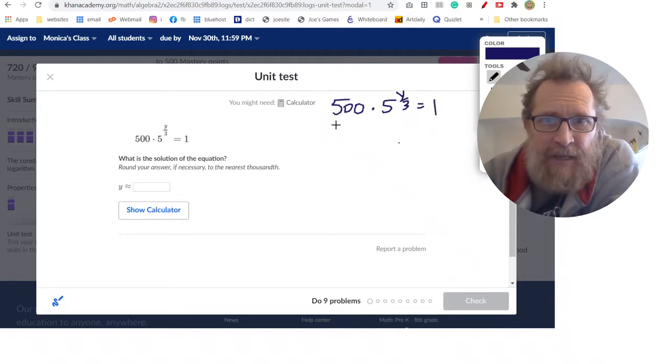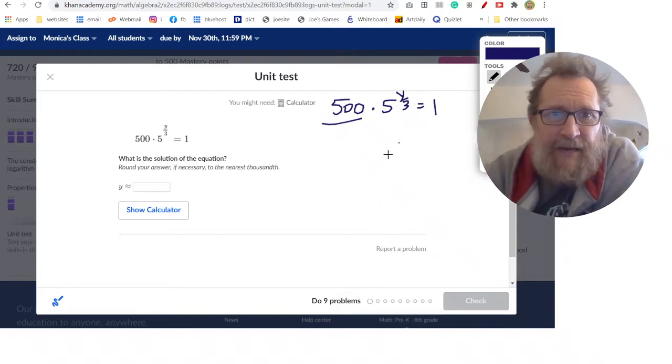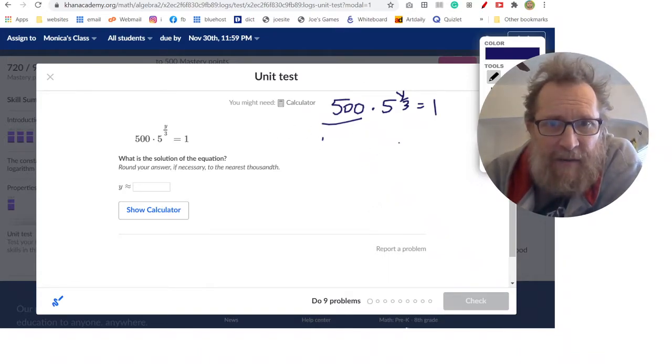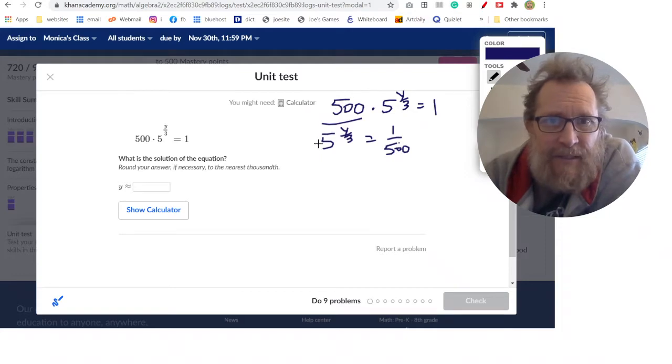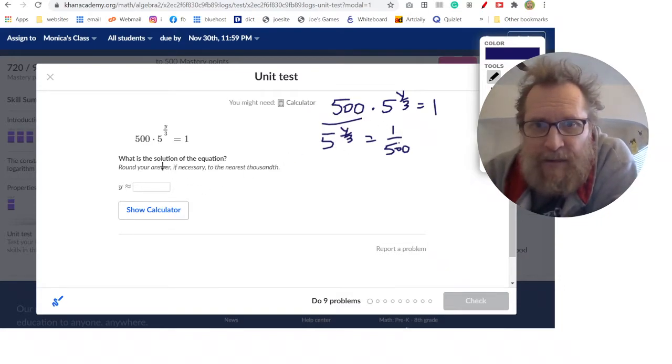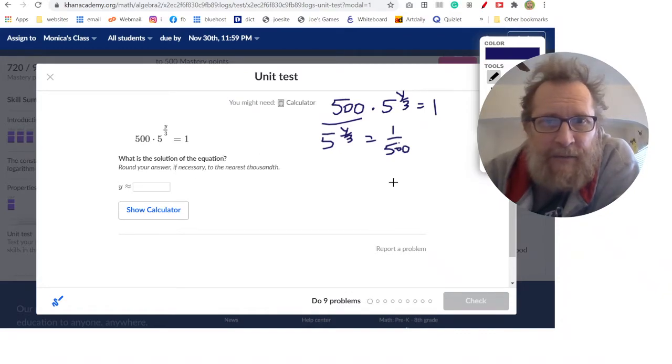Okay, first step, you want to divide that 500 out of there. So we've got 5 to the y over 3 equals 1 500th, dividing both sides by 500. It wants me to answer to the nearest thousandth, so I'm solving for y.